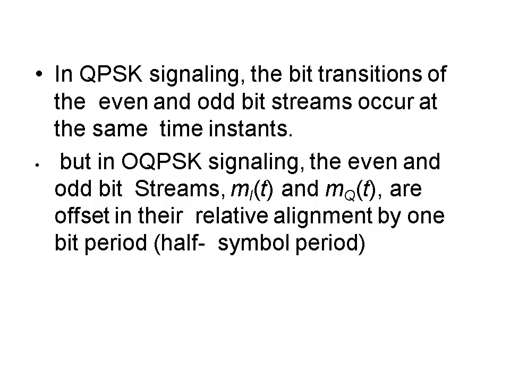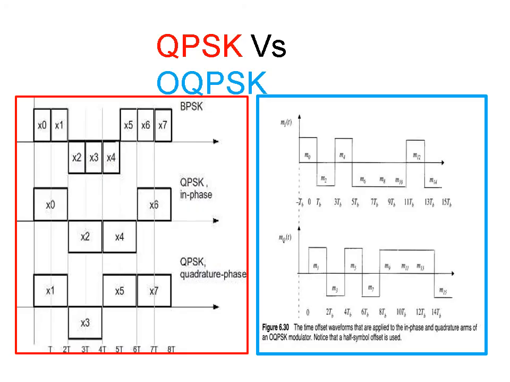In QPSK signaling, the bit transitions of the even and odd bit streams occur at the same instant, but in OQPSK signaling, the even and odd bit streams, that is M_I of t and M_Q of t, are offset in their relative alignment by one bit period. So this is QPSK versus OQPSK signals.